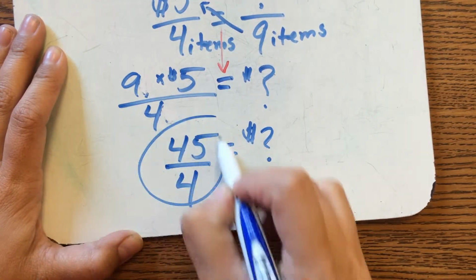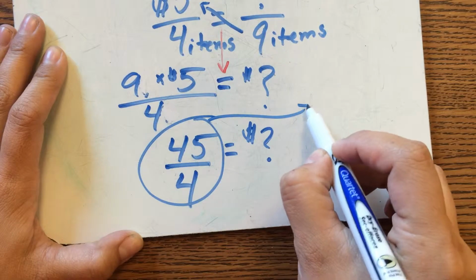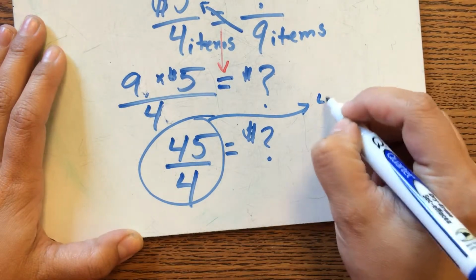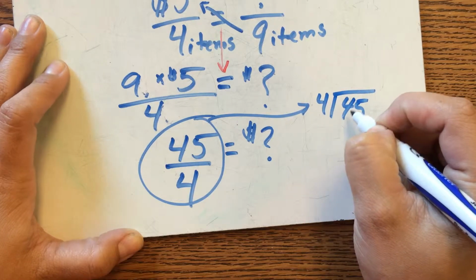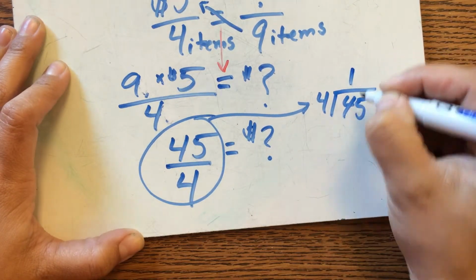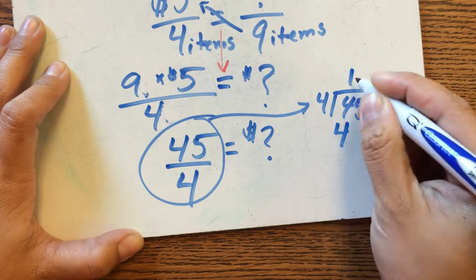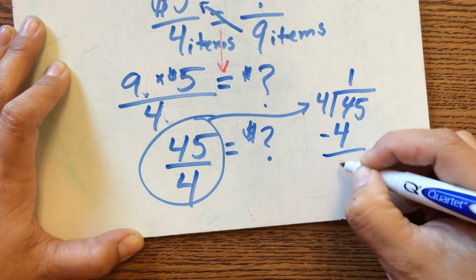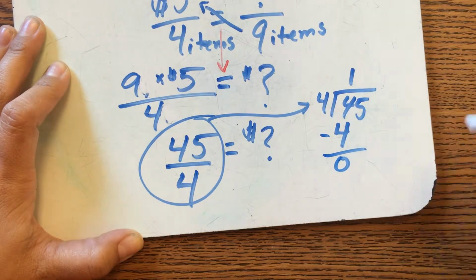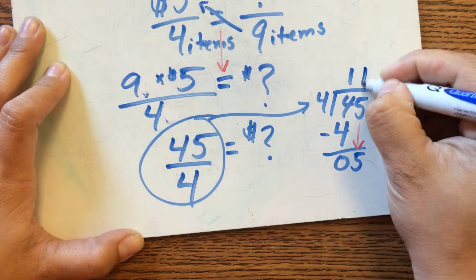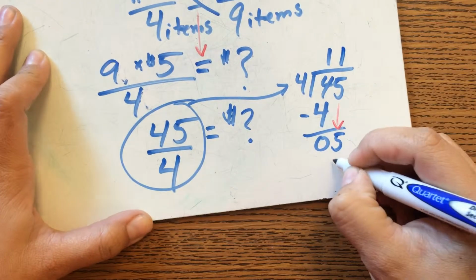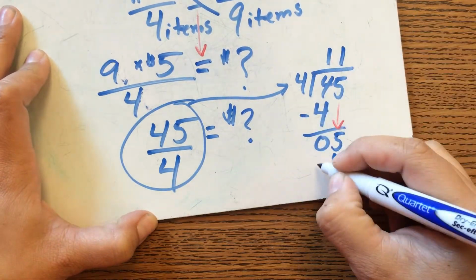Remember, 45 over 4 is the same thing as division. So 4 goes into 4. How many times? 1 time. 4 times 1 is 4. You have a remainder of 0. Copy the 5. 4 goes into 5 how many times? 1 time. 4 times 1 is 4.